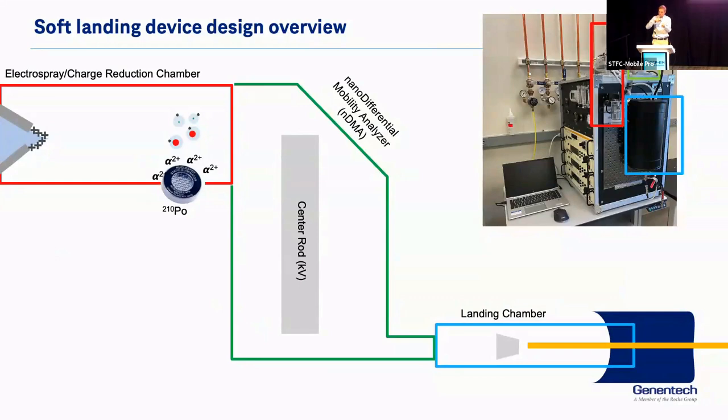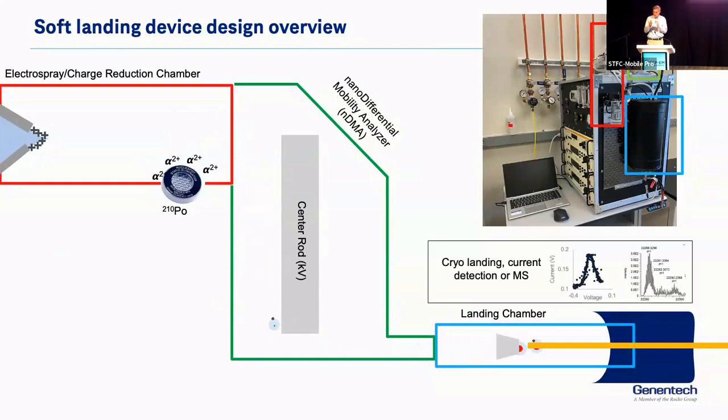You apply a voltage to that electrode, which deflects ions according to how charged they are, but also their collisional cross-section, so how big they are. And you can tune the voltage so that you select for a particular species of ions. And so our idea here is to select for exactly +1 charged ions that contain exactly one protein, so the diameter of a single protein complex.